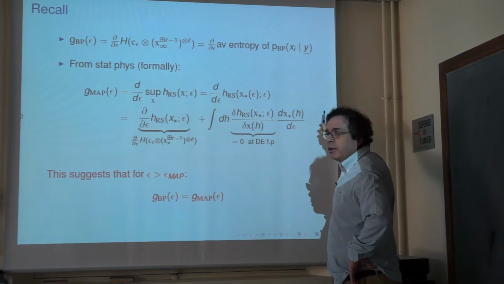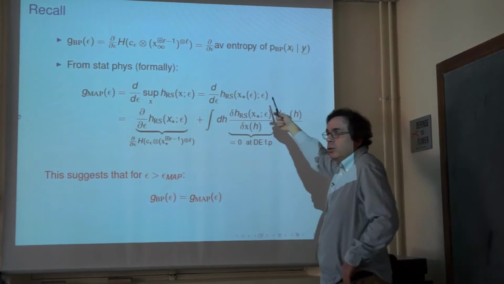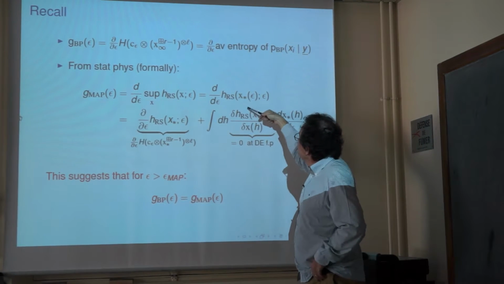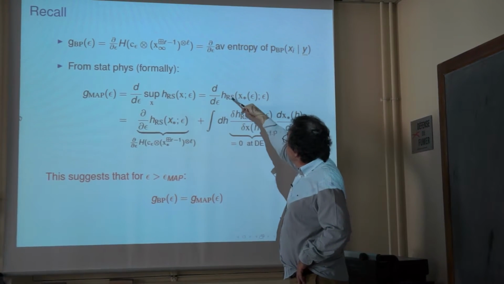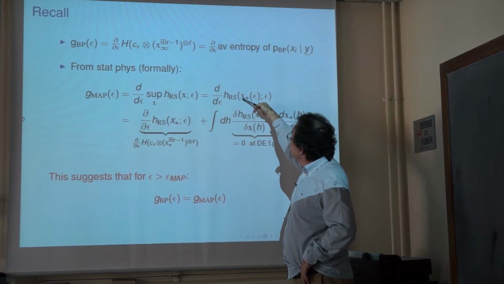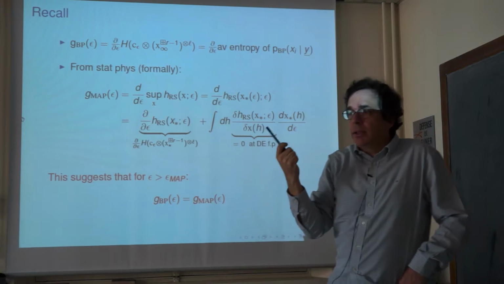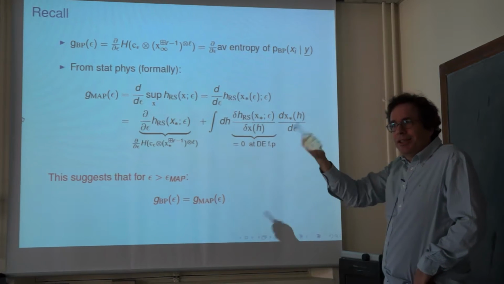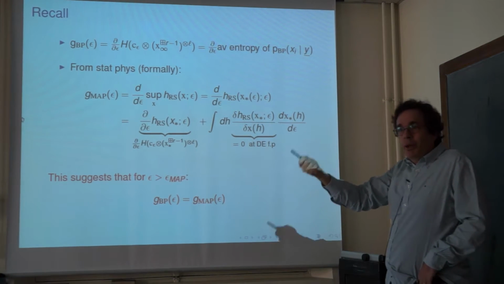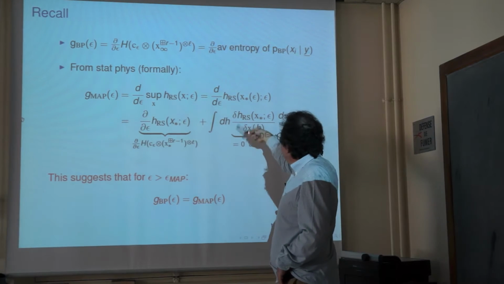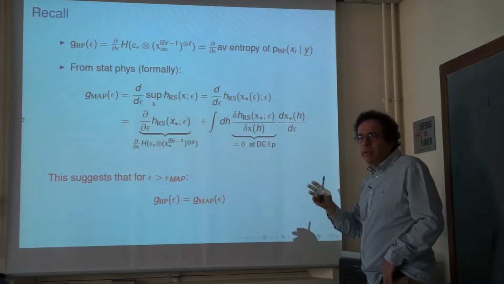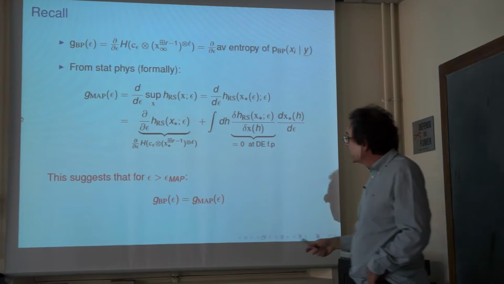So you write some kind of functional derivative, but you don't have to really write it. You know that, in fact, the derivative of H RS with respect to x at the supremum should be 0. That's the stationarity equation for the sup. So whatever this is, this should be 0 if you can control these functional derivatives.